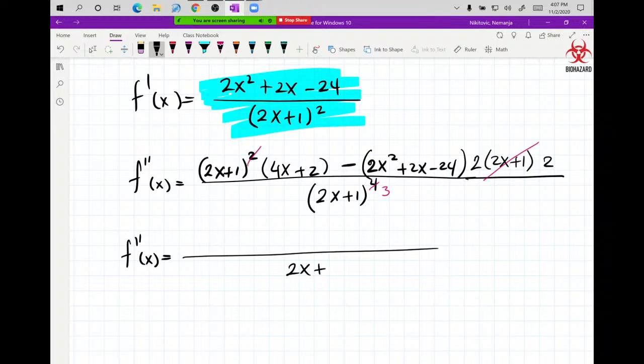So 2x plus 1 cubed, always nice to have that done quickly. So now multiply, it's going to be 8x squared. That's 4x and 4x plus 8x. And then plus 2.